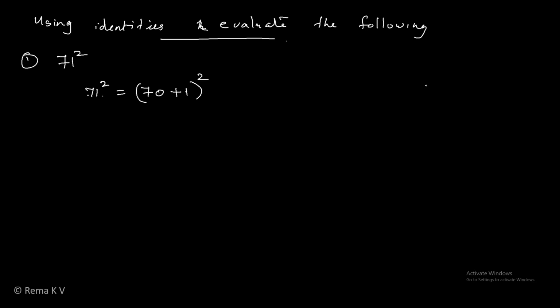Which identity can we apply here? See, compare this with the identities. Okay, we can apply the first one. That is, this is of the form A plus B the whole square.